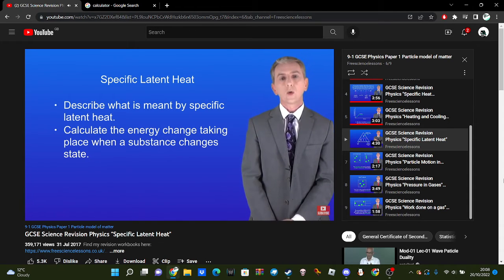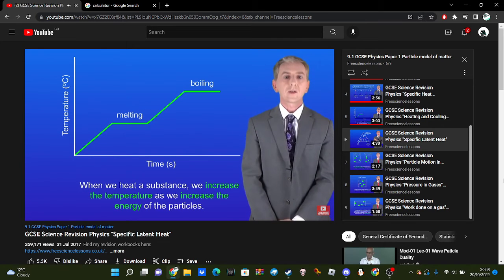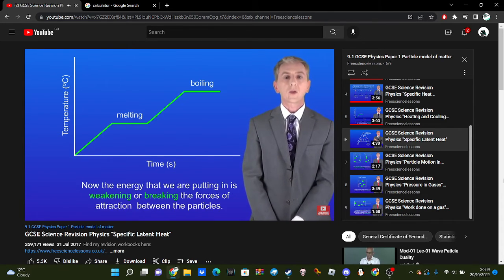In the last video, we looked at heating graphs, such as this one. We saw that when we heat a substance, we increase the temperature as we increase the energy of the particles. However, when the substance changes state, for example, melts, the temperature stops increasing and it stays constant. That's because now the energy we're putting in is weakening or breaking the forces of attraction between the particles.